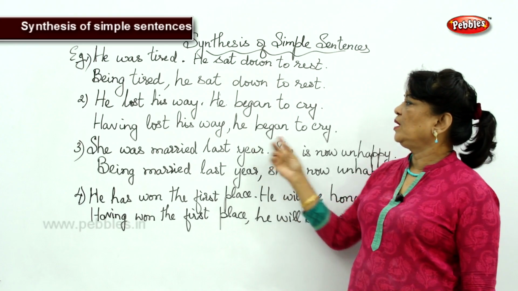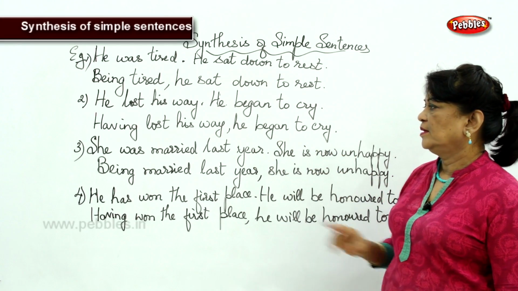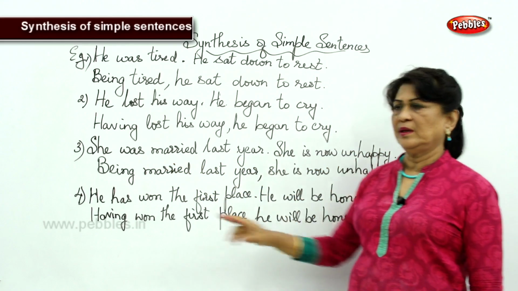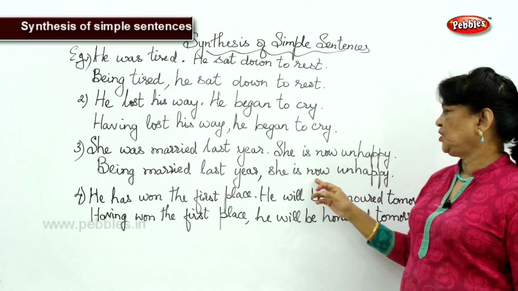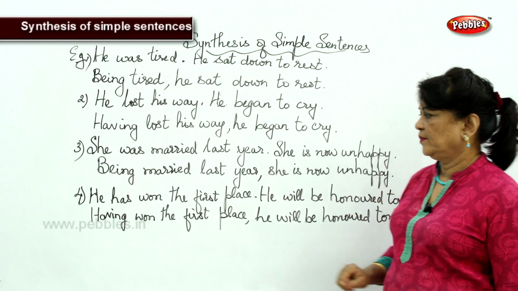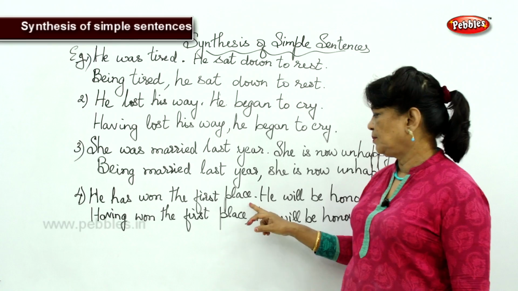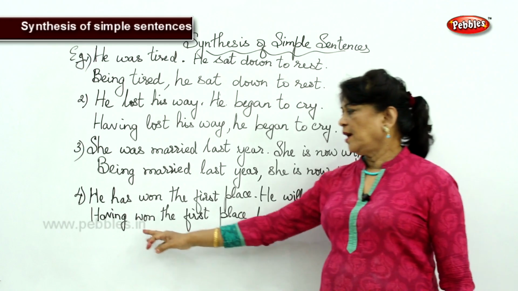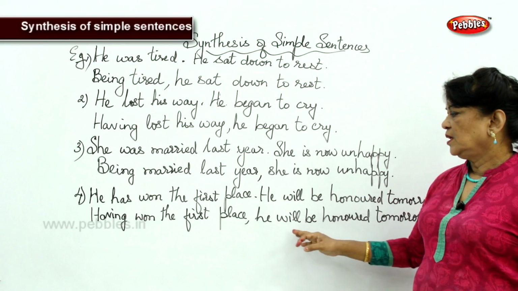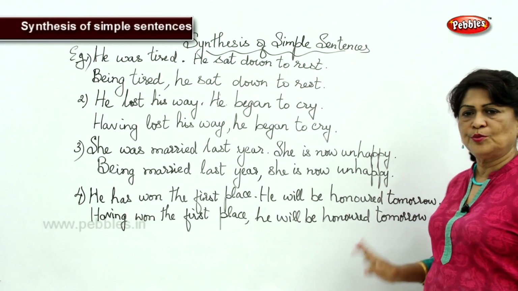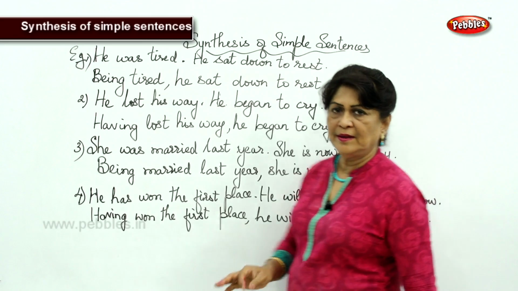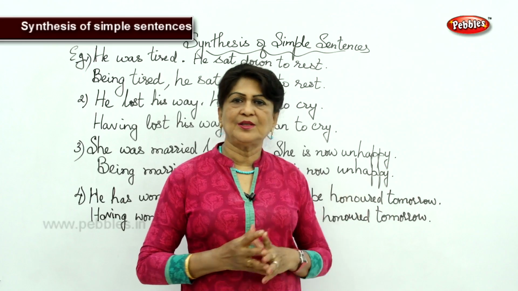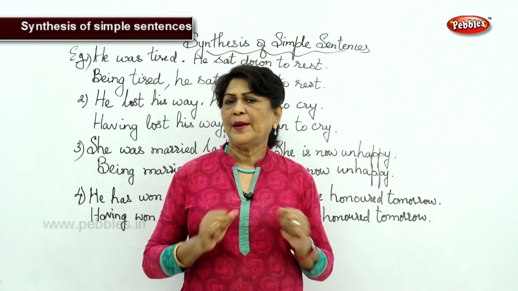Having lost his way, he began to cry. She was married last year, she is now unhappy. Being married last year, she is now unhappy. He has won the first place, he will be honored tomorrow. Having won the first place, he will be honored tomorrow. Is that clear? Now, shall I give you a test to check whether you have understood this concept of using participles?